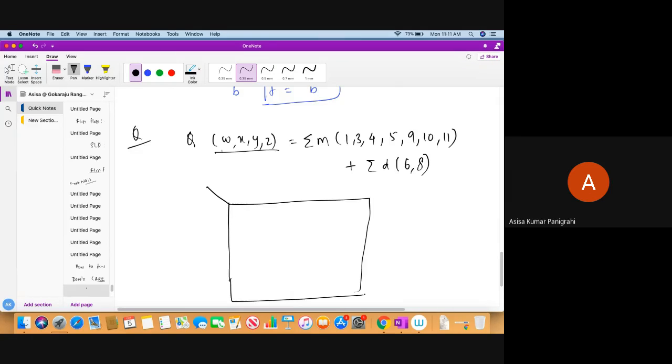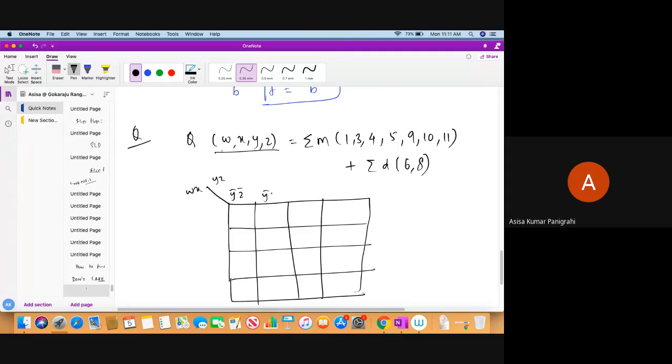Okay. This is my 4 variable KMap. So it has 16 cells. And this is my W, X, Y, Z. So Y bar Z bar, Y bar Z, Y Z, Y Z bar, W bar X bar, W bar X, W X, W X bar.